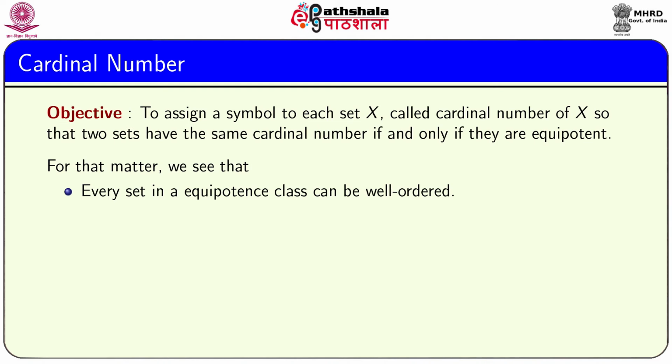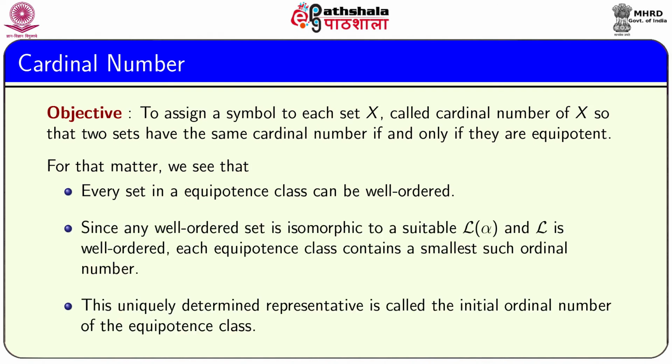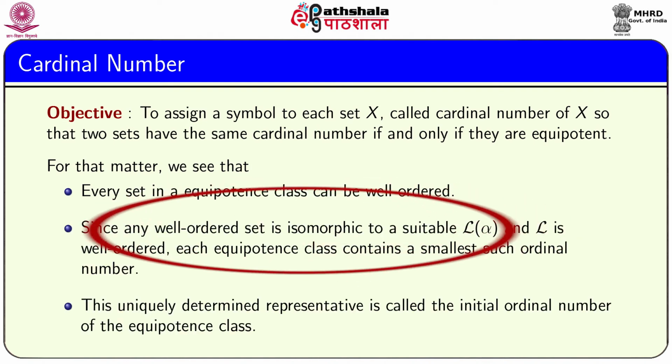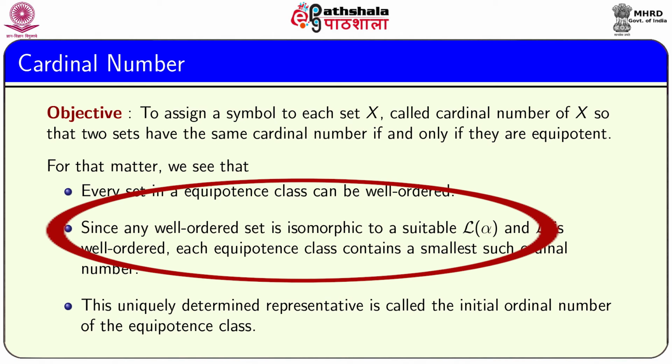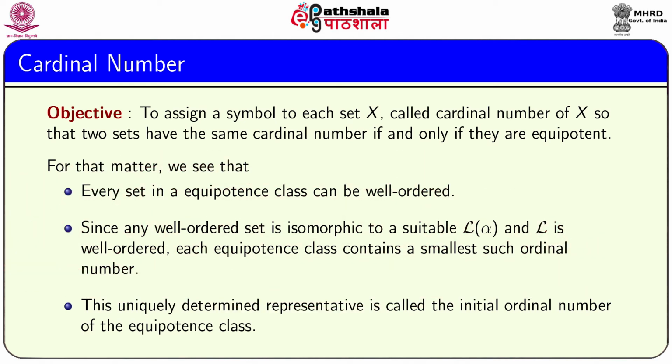For that matter, we see that every set in an equipotence class can be well ordered. Since any well ordered set is isomorphic to a suitable L alpha, and L is well ordered, each equipotence class contains a smallest such ordinal number.